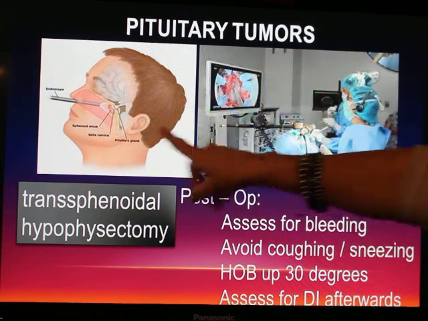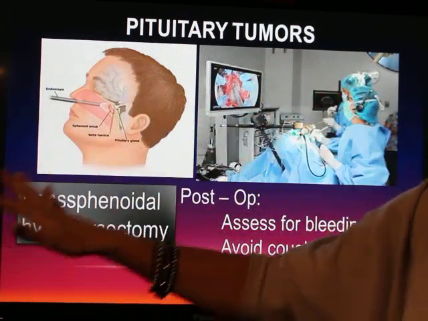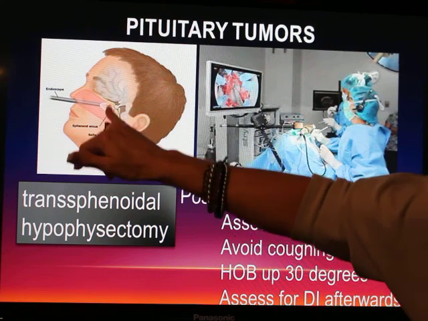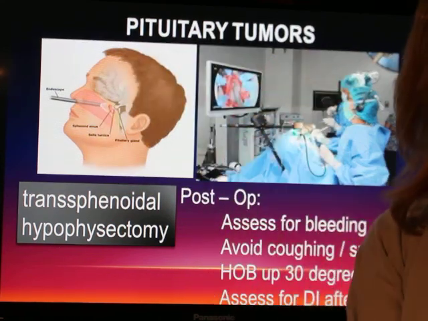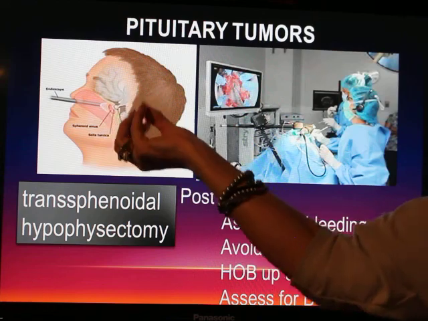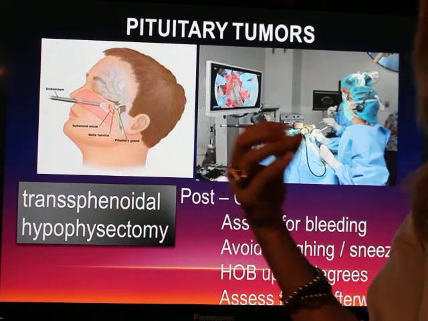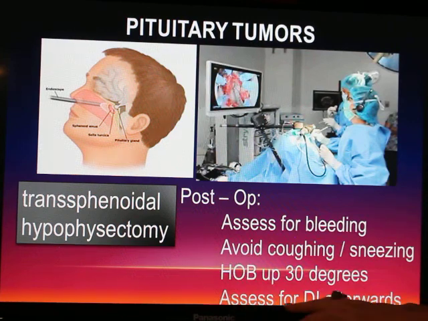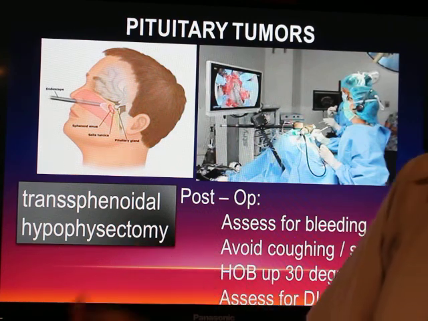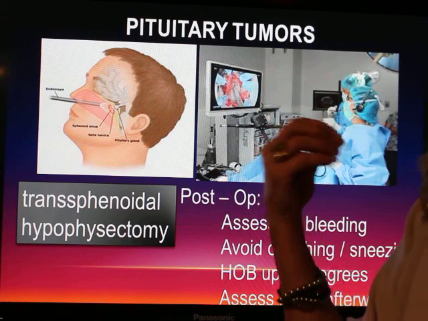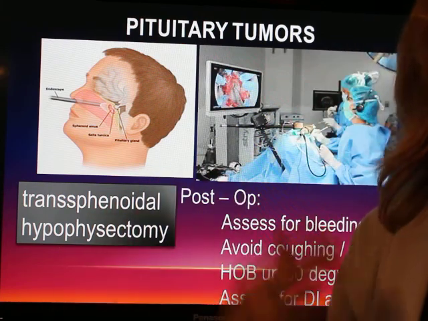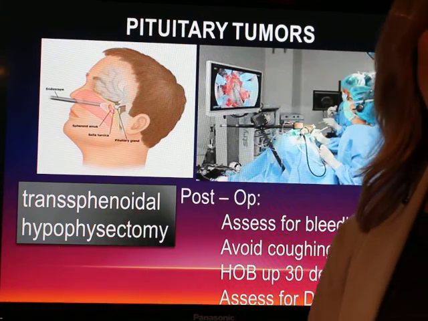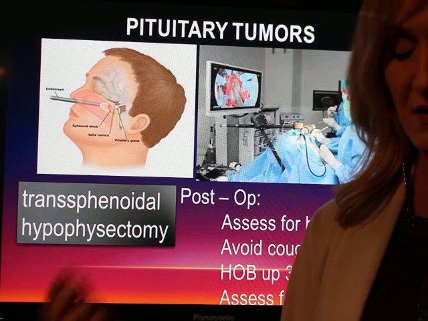The thing that you watch for with this, if you'll remember from our endocrine lectures, is all the stuff that your pituitary gland is responsible for. Well, if you go in there and pull something off the pituitary gland, now you have all kinds of hormonal problems. One of them that you're going to see initially is diabetes insipidus. The patient will start urinating a ton because they are losing their ADH.